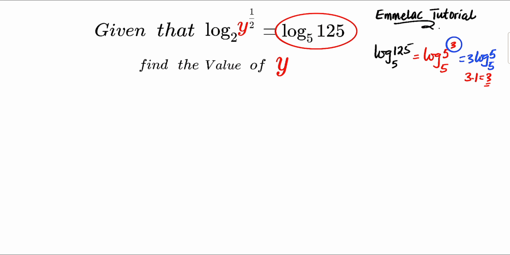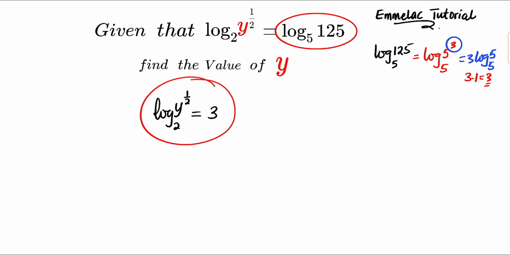So our equation can now be written as log y raised to 1 over 2 base 2 equals 3. The next thing we need to do, whenever you see a case like this, is raise 3 as an exponent to a base of 2.